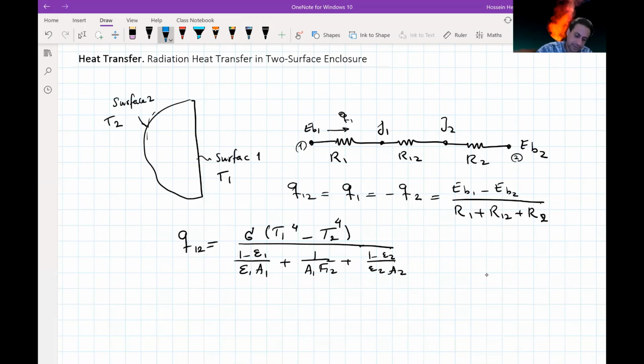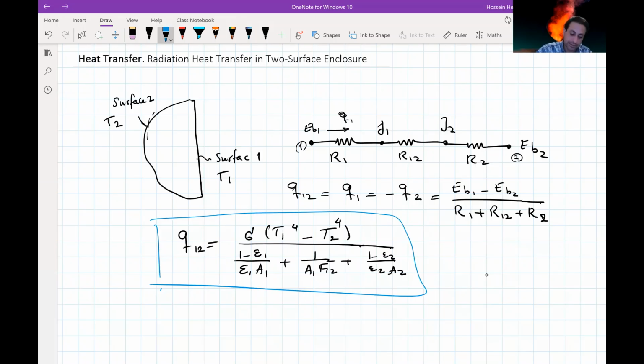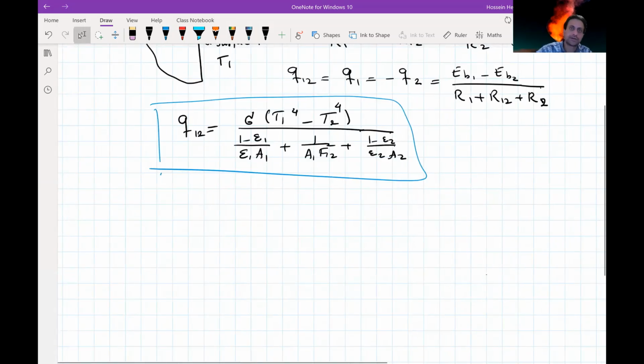So this is going to be the exchange of the radiation heat transfer between these two surfaces.